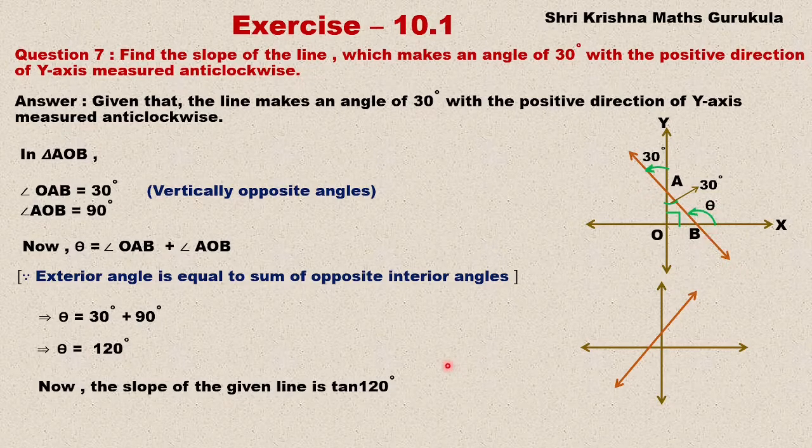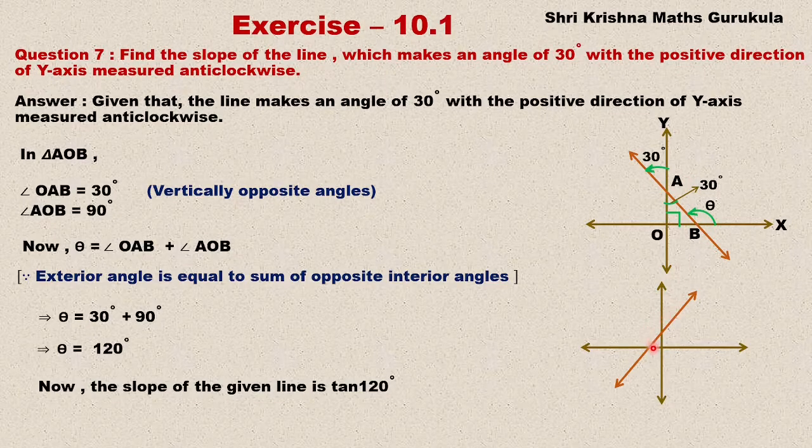In the second quadrant, tan theta is negative. So if the line is like this, the angle made is obtuse and the slope will be negative. If the line is like this, the angle made with the positive direction of x-axis will be acute, and tan of an acute angle is always positive because in the first quadrant tan function is positive. Is this clear?